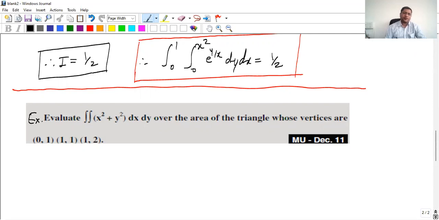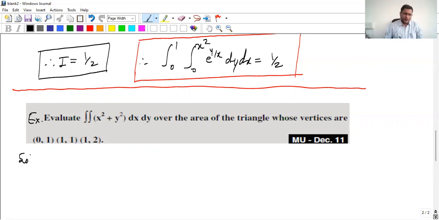So here it is given that this is the integral over the area of triangle whose vertices are (0, 1), (1, 1), and (1, 2). Okay, so here direct limits are not given, but the area is bounded by these 3 vertices, and the boundary is the triangle with these 3 vertices.